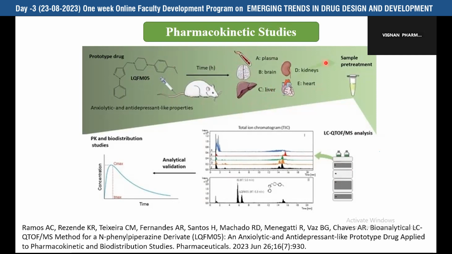It all depends on how the study is designed. If you are interested only in the kinetic level, or how much drug is available at different time intervals, then simple blood is enough. But if you want to identify how much drug is distributed or accumulated in the different tissues, we are supposed to adopt a different extraction process, to identify how the kinetic process takes place in your bioanalytical approach.